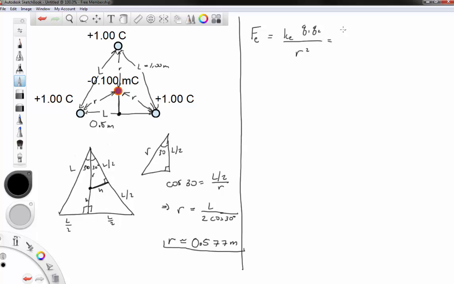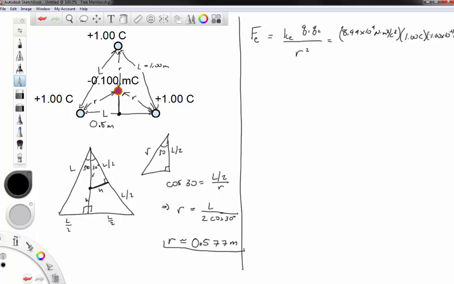So that basically is 8.99 times 10 to the 9th newton meters squared per coulomb squared times the product of the two charges. So in this case we have 1.00 coulomb times 1.00 times 10 to the minus 4 coulombs, because this is 0.1 millicoulomb.